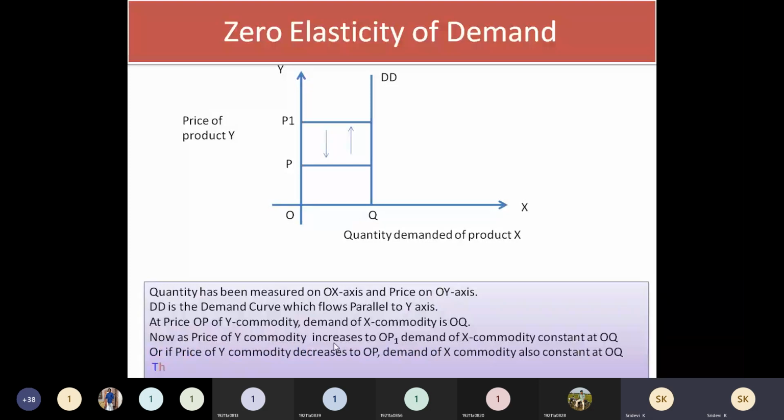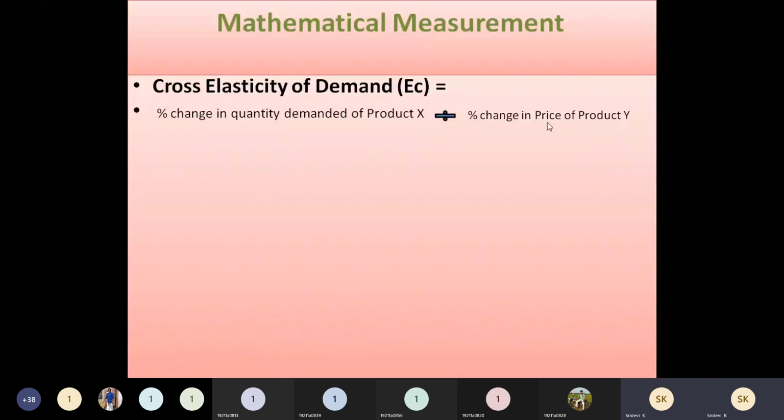The formula is percentage change in quantity demanded of product X divided by percentage change in price of product Y. While giving the denominator, you must be very careful that the price of product Y you have to write when you explain the cross elasticity. You have to keep that in mind. Only the denominator will change. The numerator will be the same.